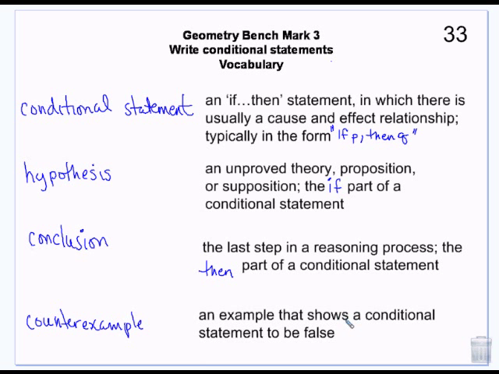So if I tell my son, if you clean your room, you will get allowance, and then he cleans his room, and then I don't give him allowance, my not paying him is a counterexample. Or you could say your bank account is empty, so you can't pay him. That's a counterexample. Anything that proves the statement to be false is a counterexample. So examples are true, counterexamples are false.